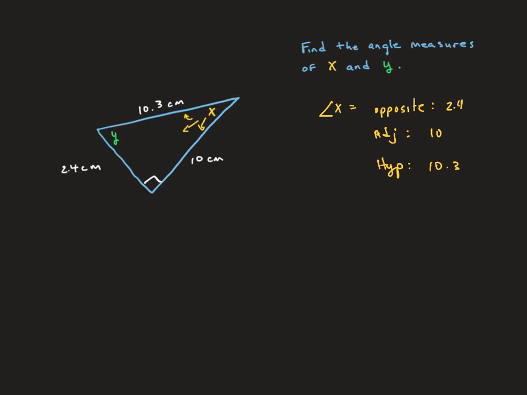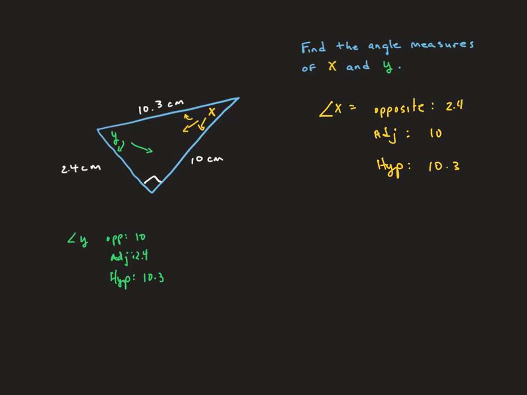And if I go ahead and look at angle y, right? Angle y, my opposite is going to be 10. My adjacent is going to be 2.4. And then my hypotenuse is going to be the same, right? There's only one hypotenuse to a triangle, and the hypotenuse is going to be 10.3. In reality, this triangle looks something like this.